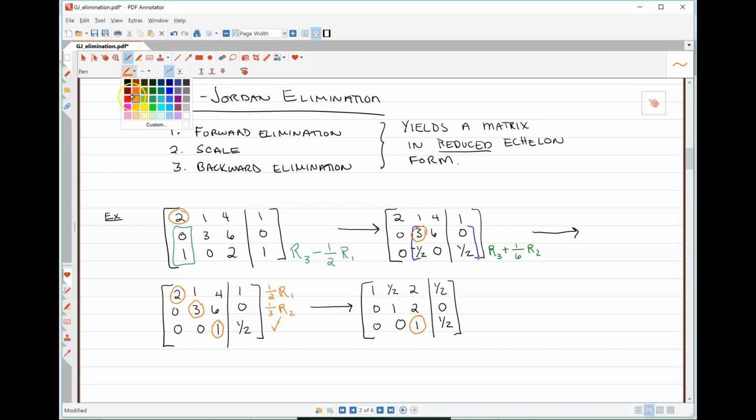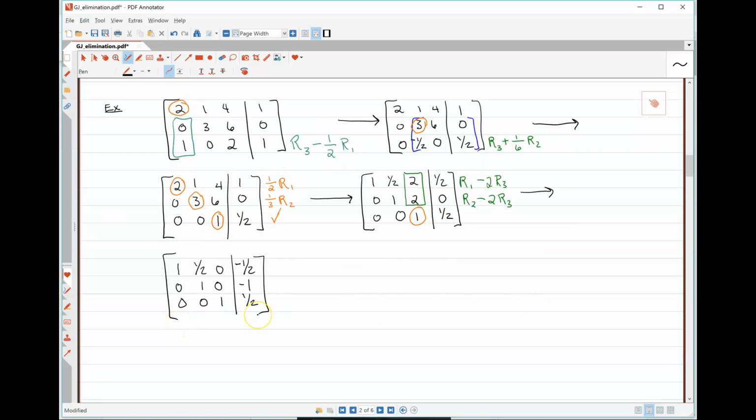What we're going to do is start at the bottom and use those pivot entries and multiples of them to 0 out the entries above. So for example, here I'm going to take row 2 and subtract 2 times row 3. And here I'll take row 1, and this also has a 2 in it, so I'll do the same thing, minus 2 times row 3. And after I do that, I'll have this matrix.